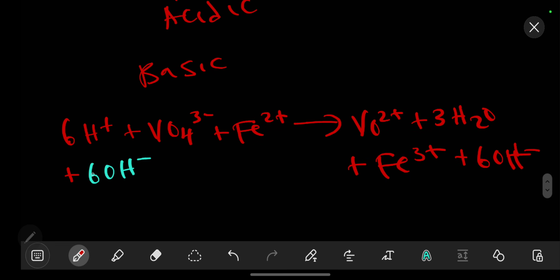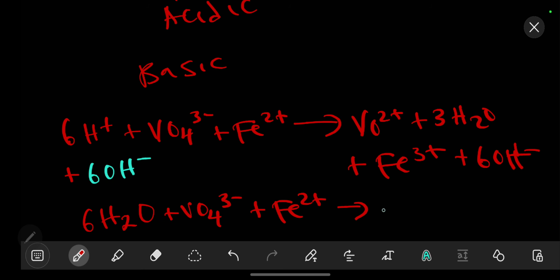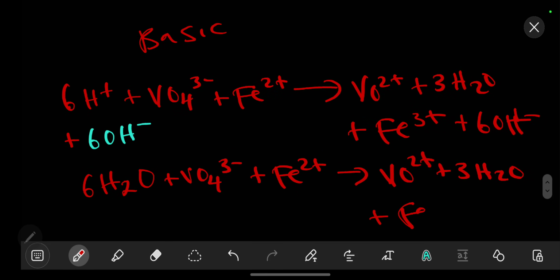We have 6 and 6 here, so we are going to write 6H2O like that. Then plus our VO4 3 negative, plus Fe2 positive to become VO2 positive plus our 3H2O, plus our Fe3 positive plus our 6OH negative.